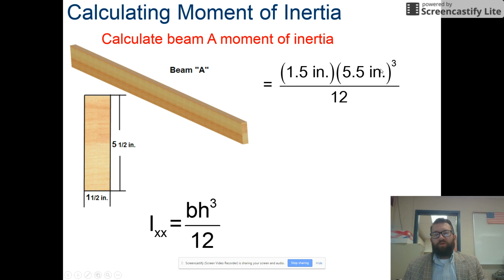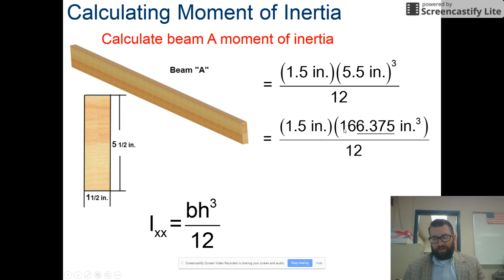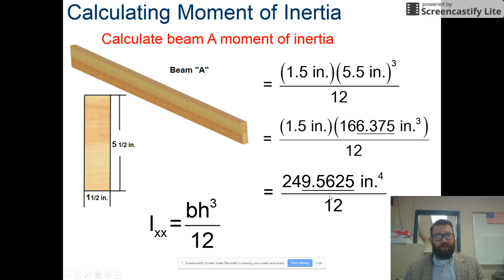So I'm going to cube the 5.5 inches first, and notice how I get a very large number of 166.375 inches cubed. Multiply that by the 1.5 and you get 249.5625 inches to the fourth. And that's divided by 12. So an overall moment of inertia of 21 inches to the fourth.